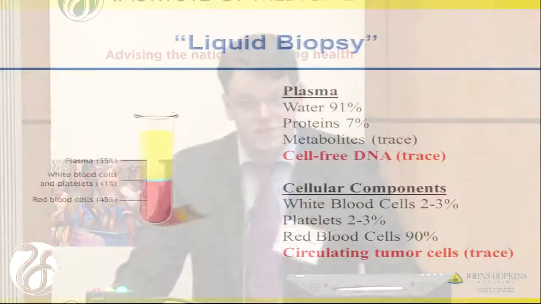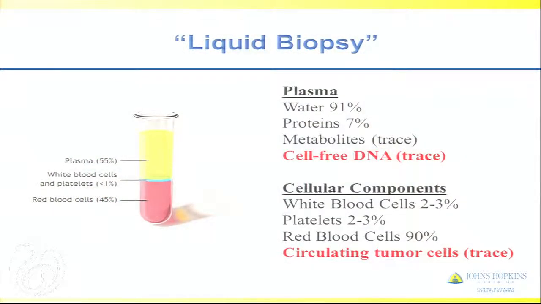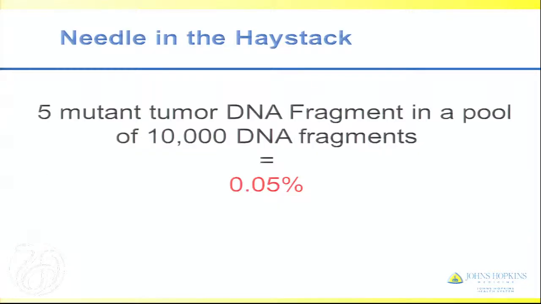So what do we get if we take a blood sample from a patient with cancer that harbors some somatic mutations? We spin it down. Usually the majority of it will be plasma, which contains trace amounts of cell-free DNA, of which trace amounts might be from the cancer. And we have cellular components, and we have trace amounts of circulating tumor cells.